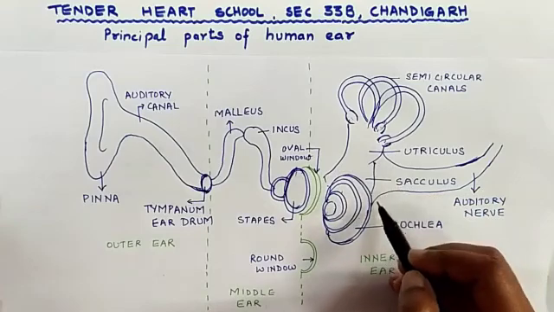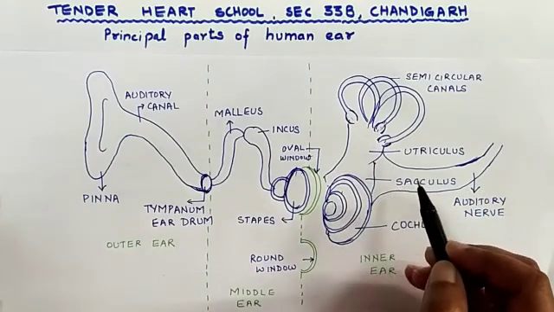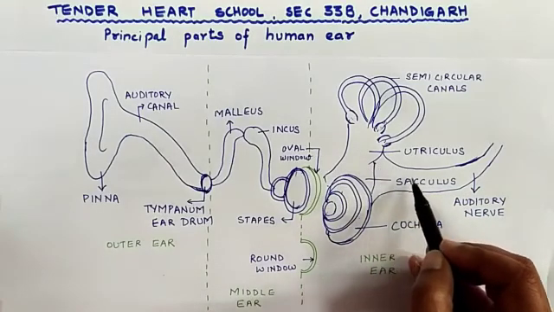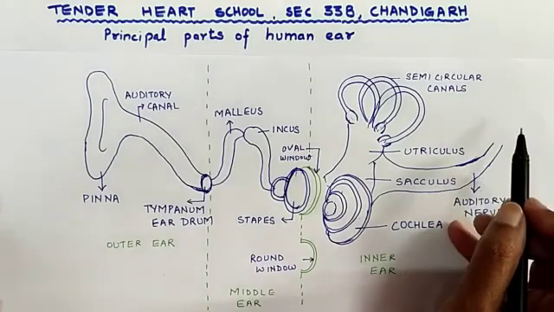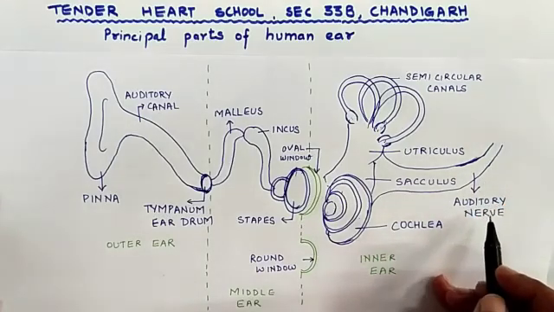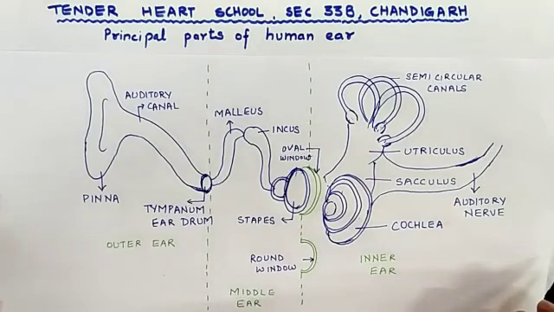All these nerve impulses are taken from the inner ear through the auditory nerve to the brain, and thus it helps us in hearing and maintaining body balance, which is the function of the human ear. That is all about the human ear, children. Thank you.